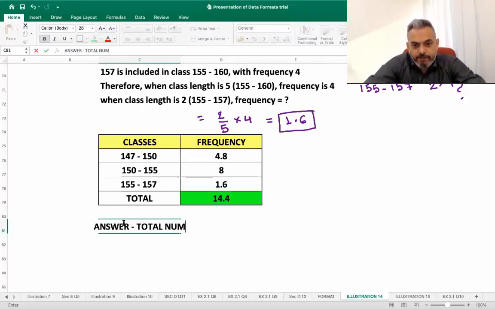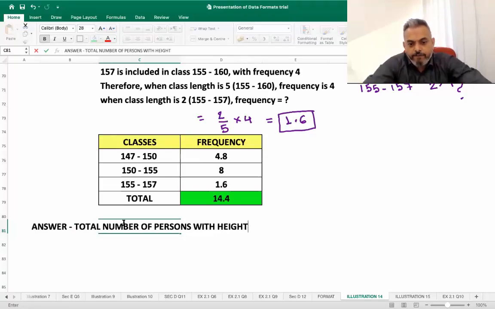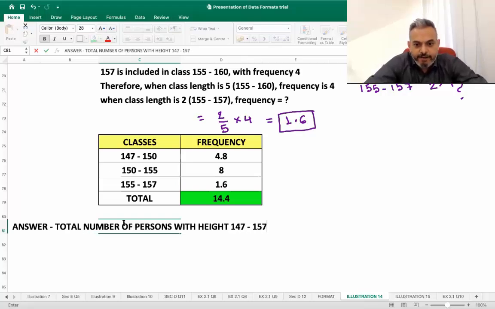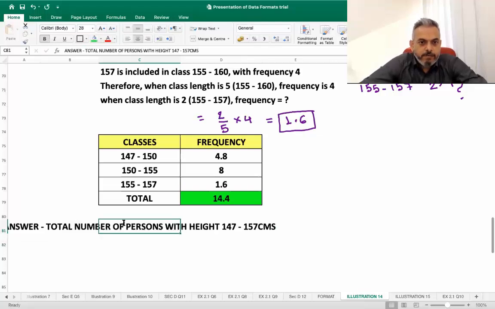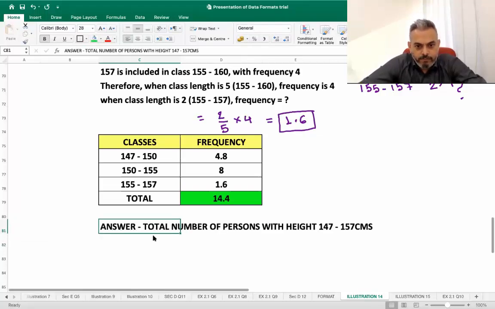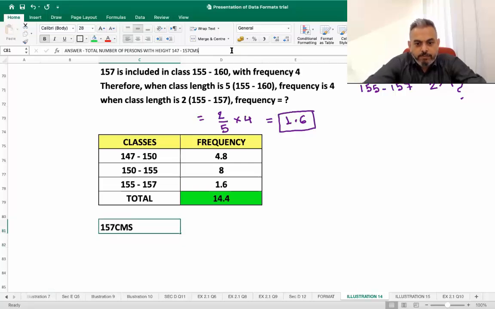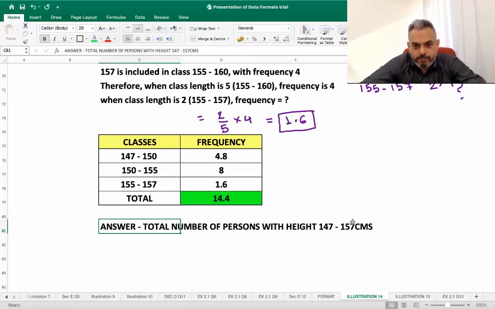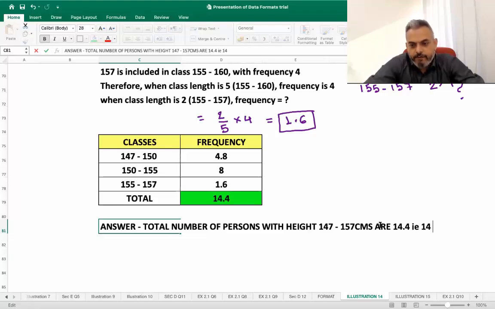Total number of persons with height 147 to 157 centimeters are 14.4, that is 14.